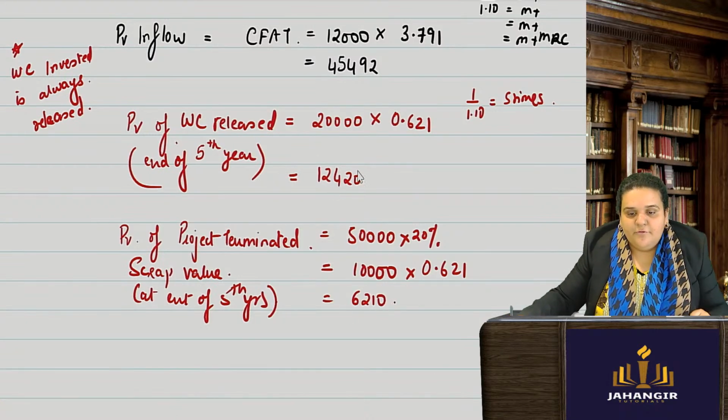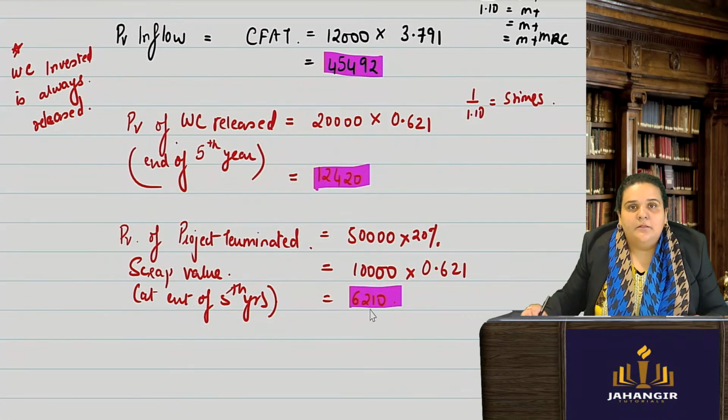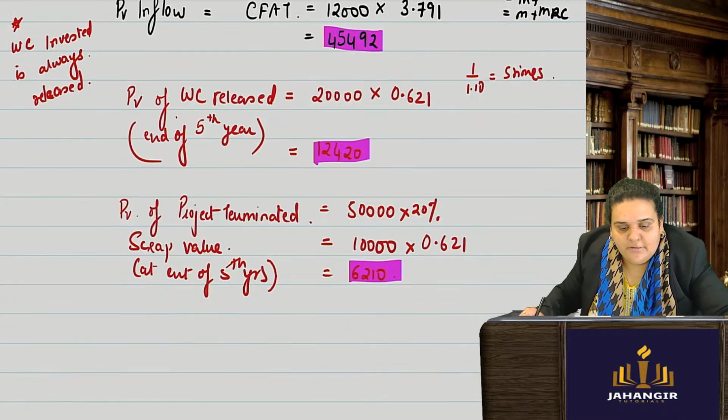Therefore, I have 3 inflows. One is the yearly inflow discounted, one is the working capital discounted, and one is the scrap value which I have discounted.